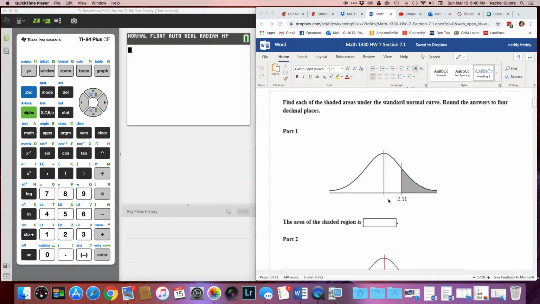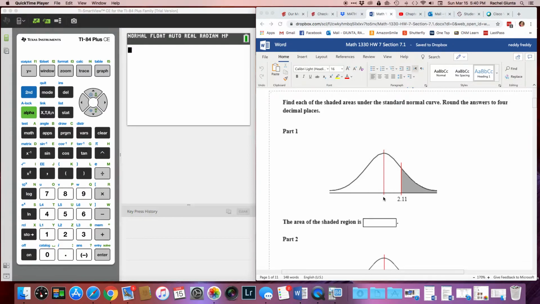These numbers down here are called z-scores, and they want you to find the area from a z-score of 2.11 out to forever. This in the middle is the mean, and that represents a z-score of 0.